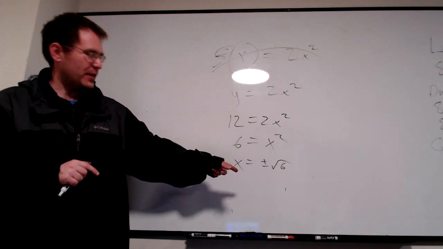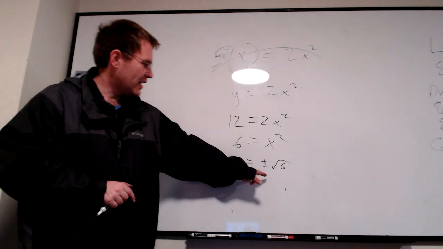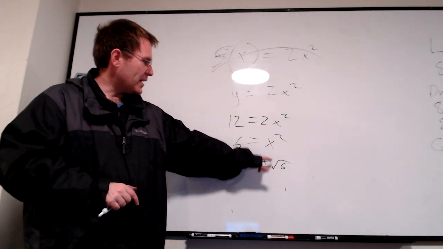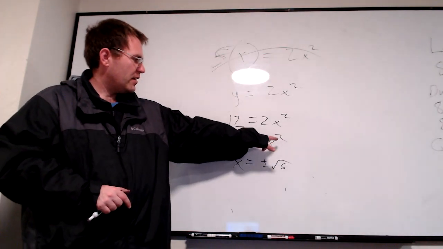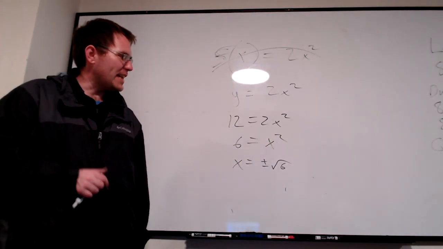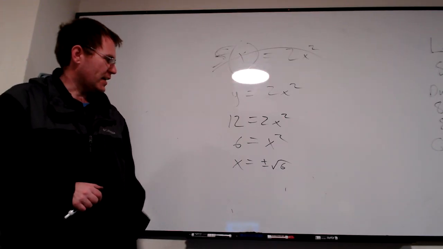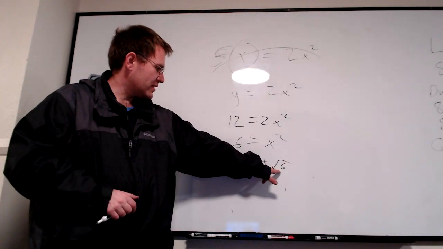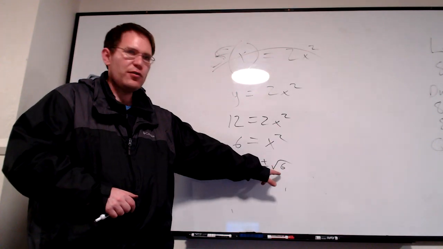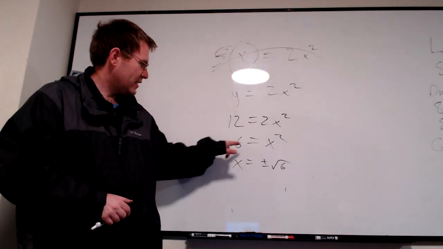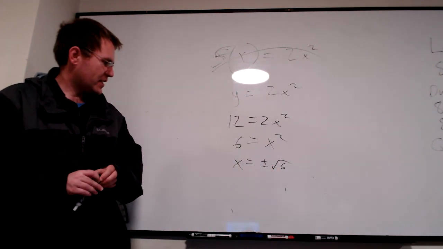Because it's squared, both a positive and a negative number will turn out to be positive, so whatever this equals, it can be either negative or positive, and it'll still get us to this value.